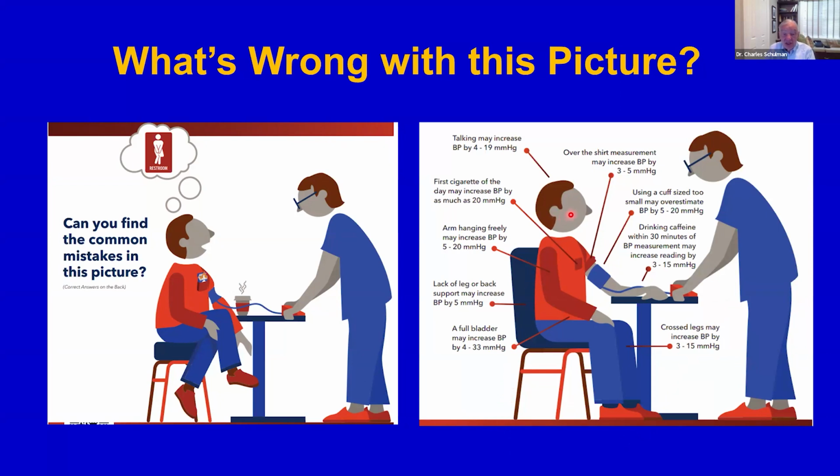So don't talk. Don't have cigarettes. Have the blood pressure cuff at roughly heart height on bare skin. Legs uncrossed, back supported, is the right way to do it.